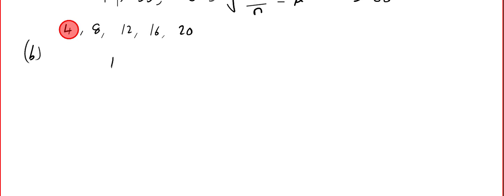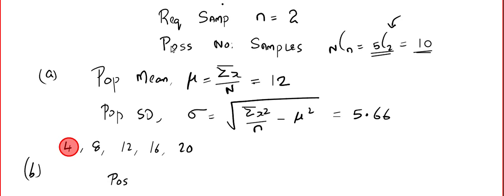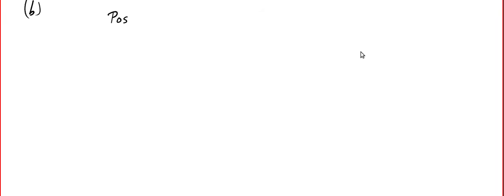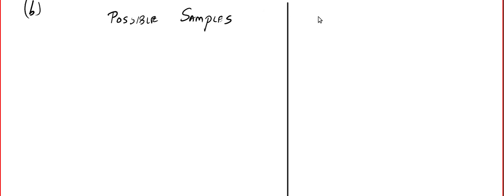I am going to write and expect 10 samples, because we already found that there will be 10 samples without repetition, without replacement. So I am going to write possible samples, and then I will write sample mean.